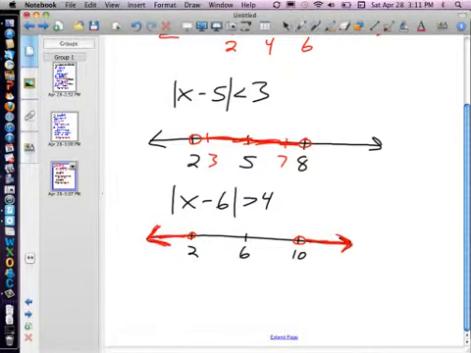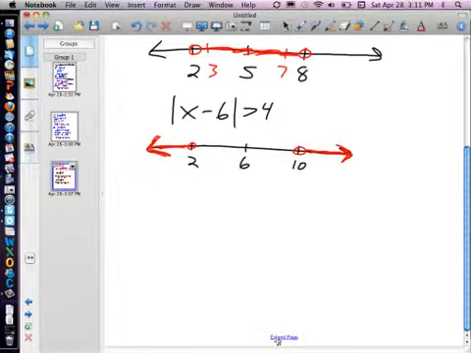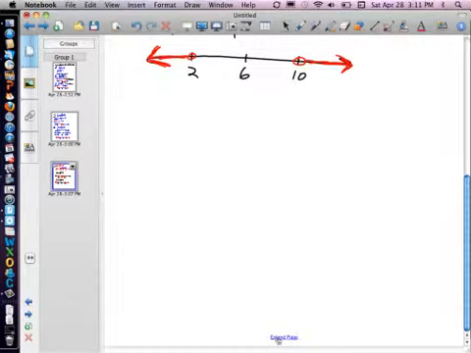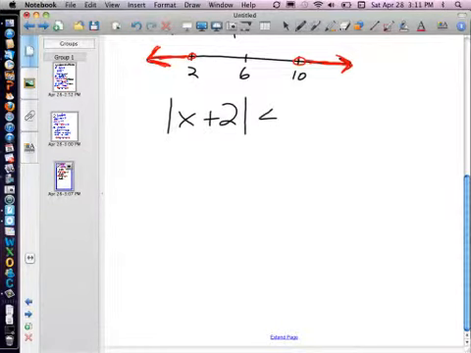So you might want to think about it in terms of distance away from the number. The only time that messes with my mind is when it's an addition problem. So if it looked like this, x plus 2 is less than 5.